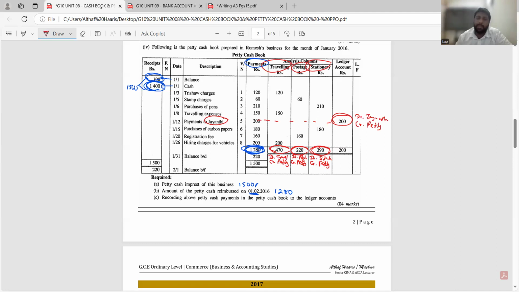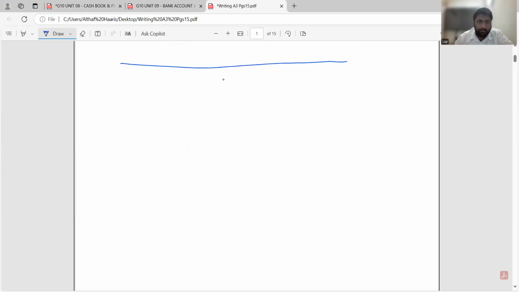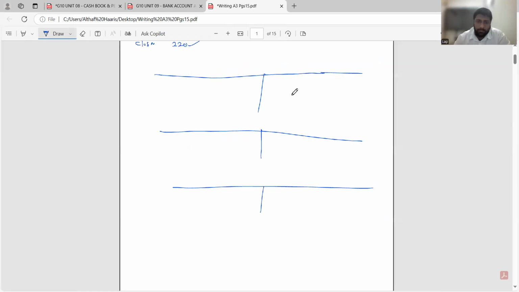So you have to prepare four ledger accounts, Lamai. 1, 2, 3, 4.